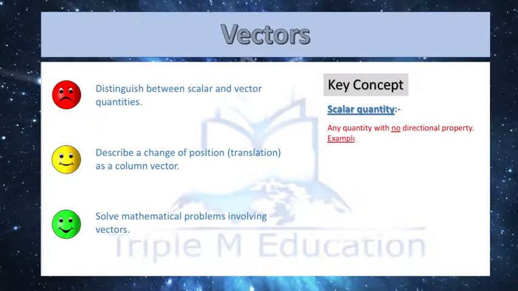Now, a length of a pencil can be 1 meters or 2 meters, but it cannot be -1 meters or -2 meters. It only has a positive value. Area, volume, speed, mass, density, pressure, temperature, energy, entropy, work done, and power are just a few examples of scalar quantities.